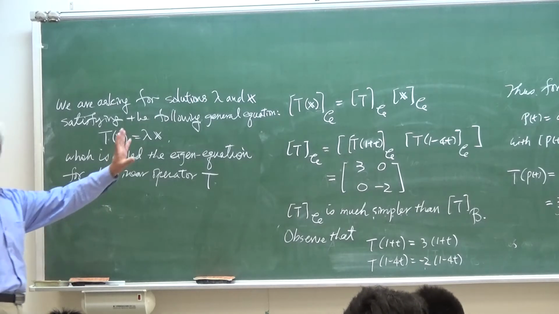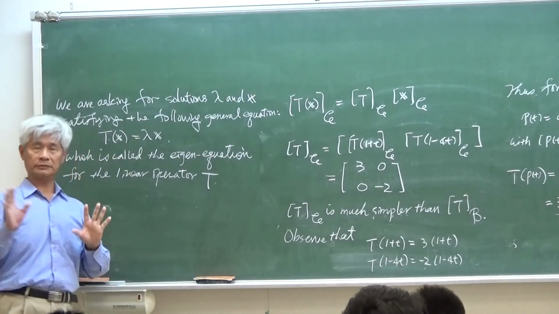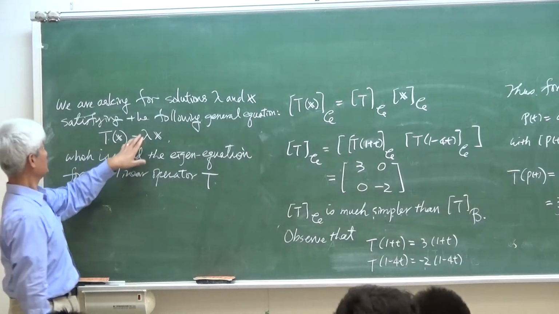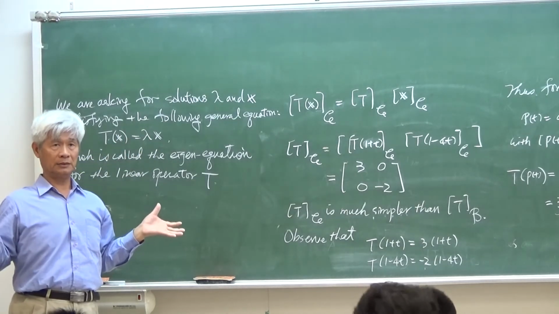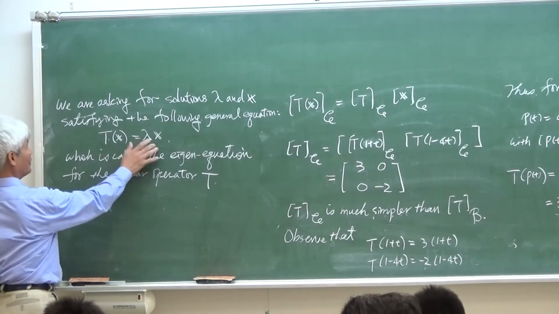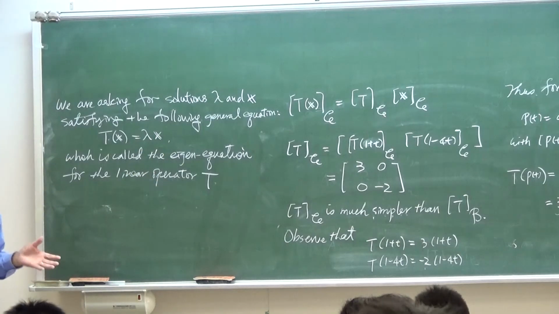From our previous example, we know these eigenequations may have many solutions, because lambda is unknown, and x, the vector, is unknown too. So we have unknowns for lambda and unknowns for x.